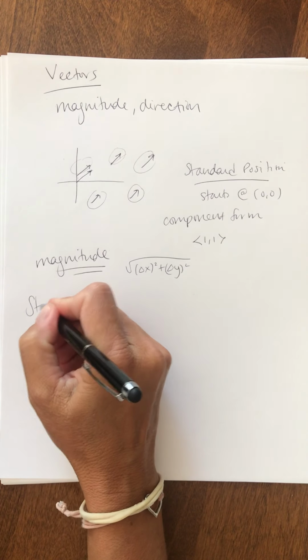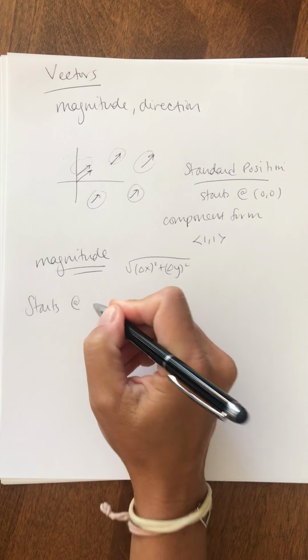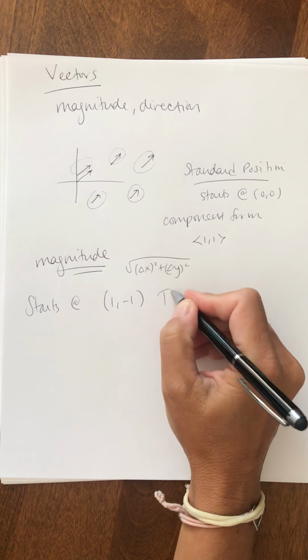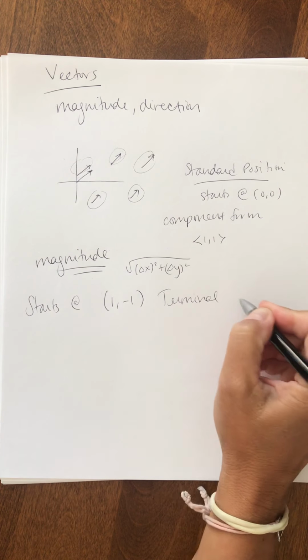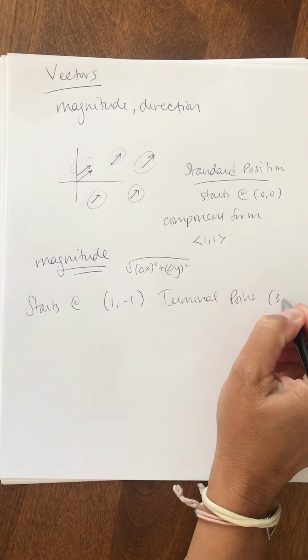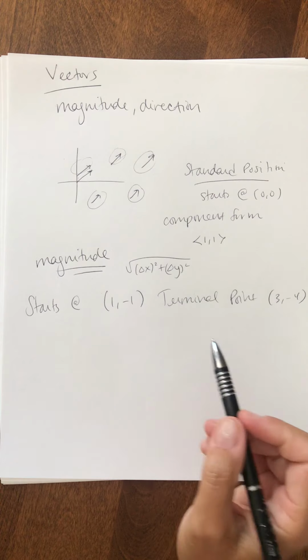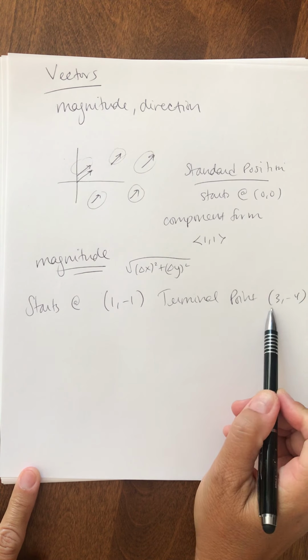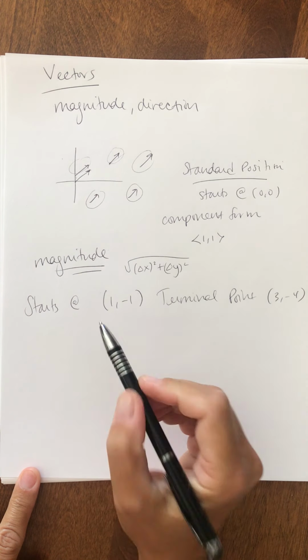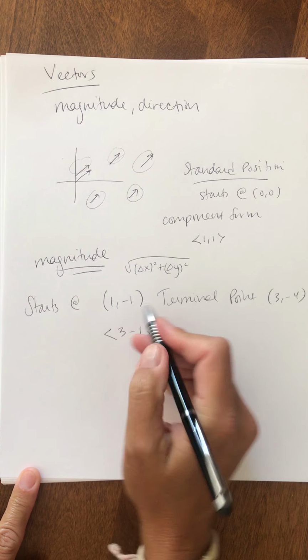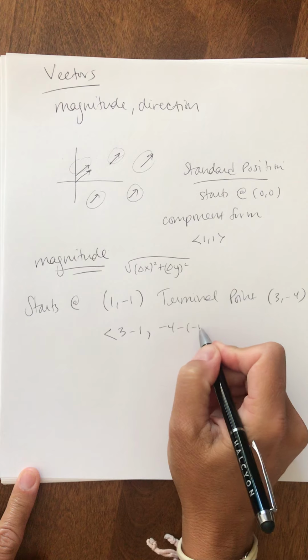So let's say we have a vector that starts at 1, negative 1, and its terminal point is 3, negative 4. So first, to get this into component form, we want to do where it ends minus where it starts. So 3 minus 1, negative 4 minus negative 1.